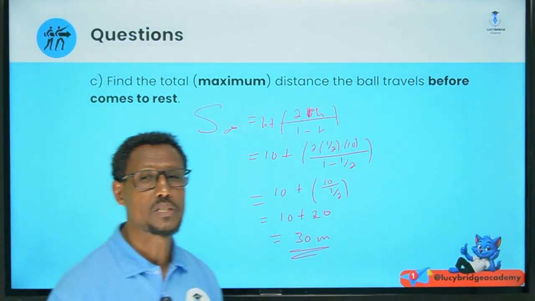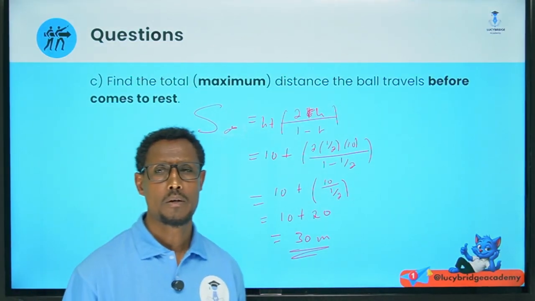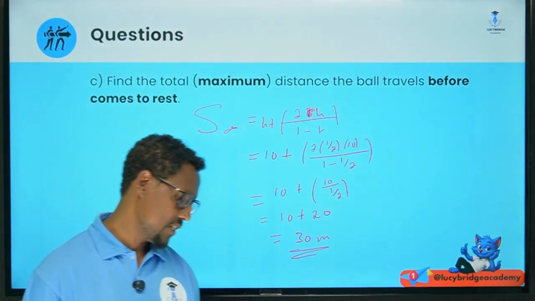So the total distance covered by the ball before it comes to rest is 30 meters.